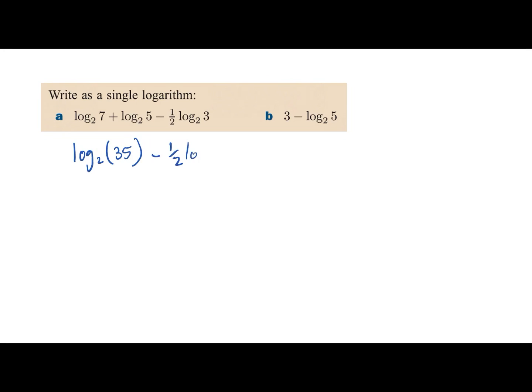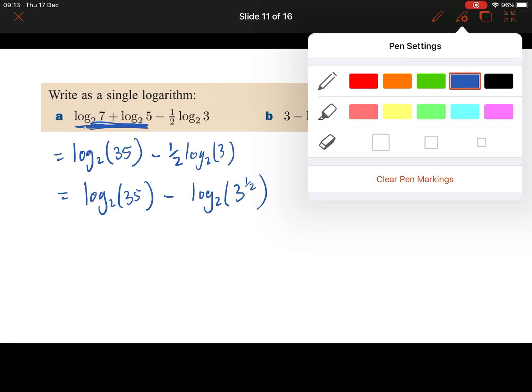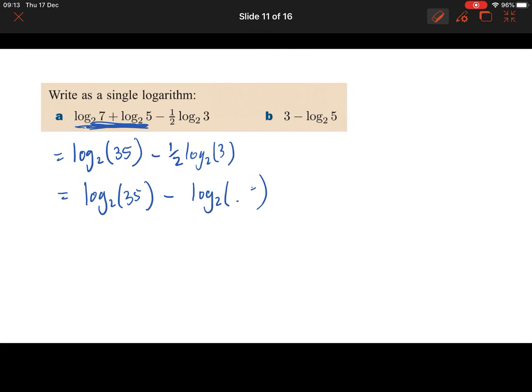I'm going to use rule number 2 to write log base 2 of 35 minus a half log base 2 of 3. So I combined them together using rule number 2. Now I'm going to use rule number 4. Log base 2 of 35 minus log base 2 of 3 to the power of a half.